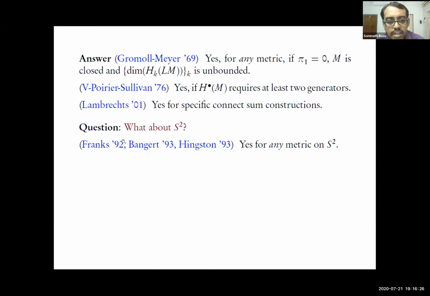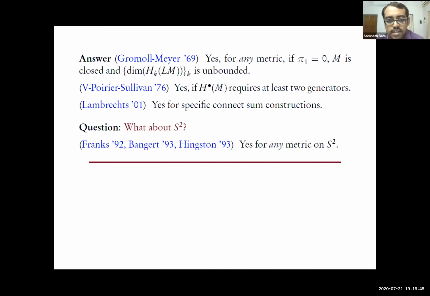And then in '93, using works of Franks, Bangert, and then independently Hingston showed that yes, there are infinitely many distinct periodic geodesics for any metric on S2. But their proofs were not just using differential geometry, they were using dynamical systems and ideas from those fields as well. So it's true. Okay.